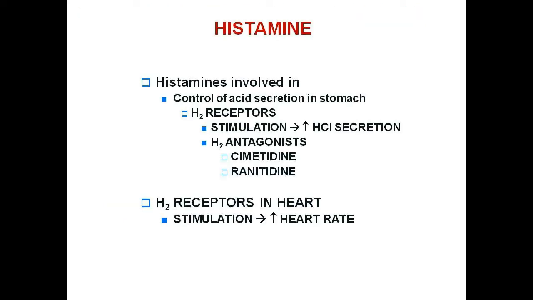So besides allergic responses, histamines are also involved in other physiological responses such as control of acid secretion in the stomach. So these are mediated through H2 receptors. Stimulation through these receptors increases hydrochloric acid or HCl secretion.